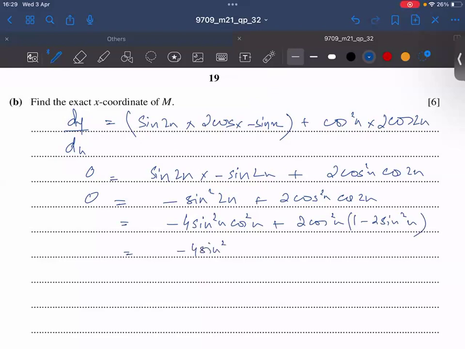Minus 4 sine square x cos square x plus 2 cos square x minus 4 sine square x cos square x.